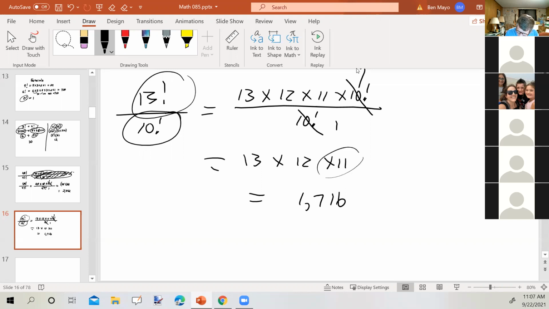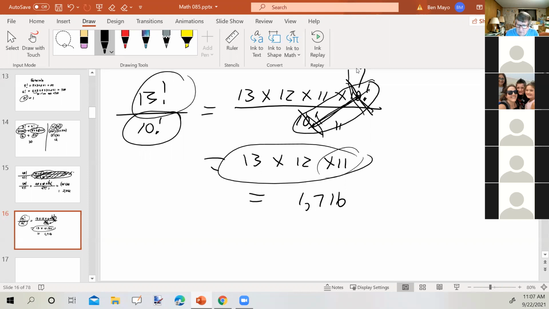You mean here? Yeah, that's when you only put the factorial, right? Well, I've gotten rid of the factorials because the 10 factorials reduced down to 1 over 1. So from here on out, there's no factorials. So then you just multiply those? Yes, what's left. Does that make sense?